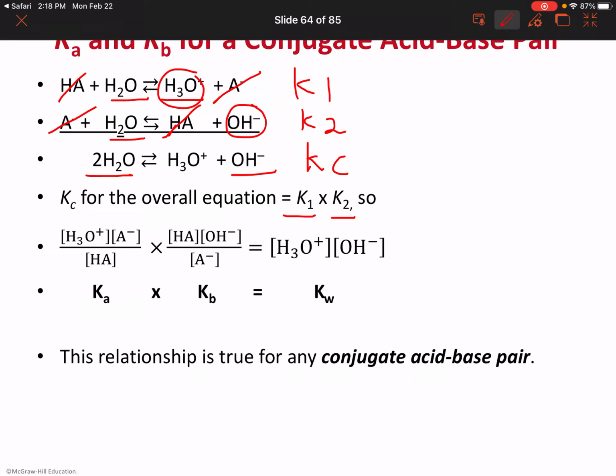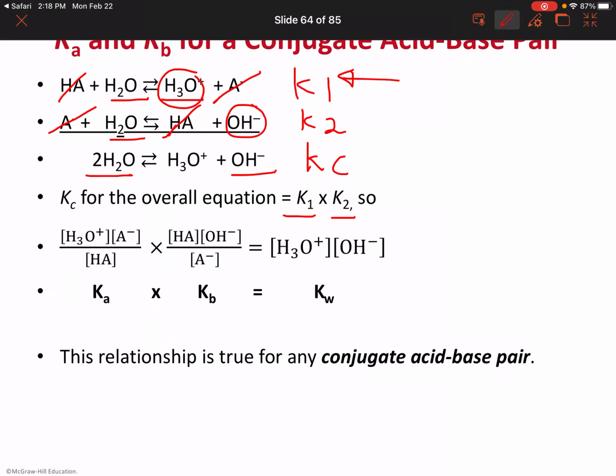So K1 for this equation, the products are hydronium times A minus over HA. And K2 would be hydroxide times HA over A minus.